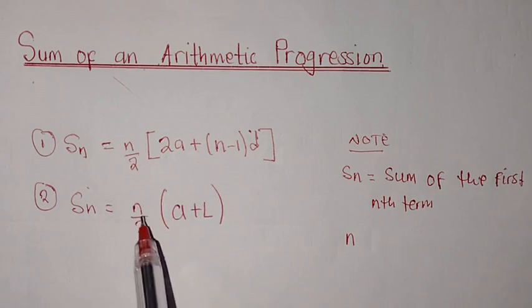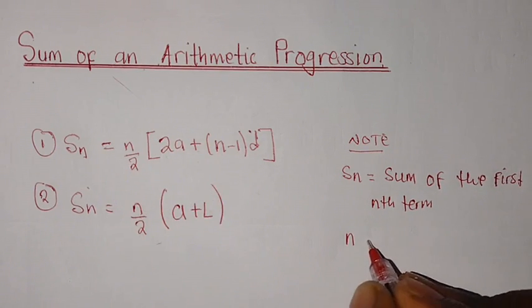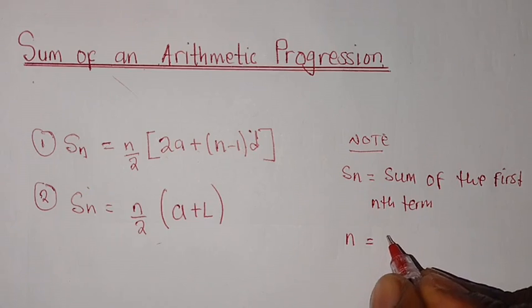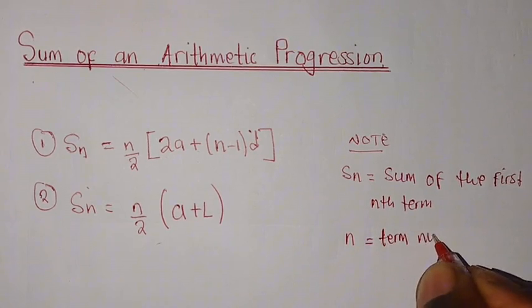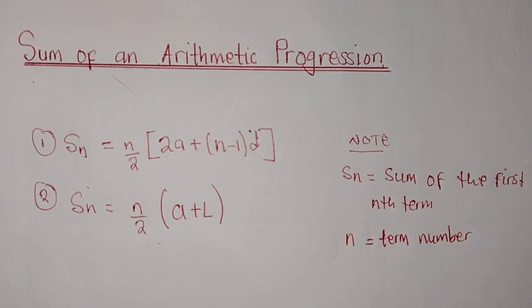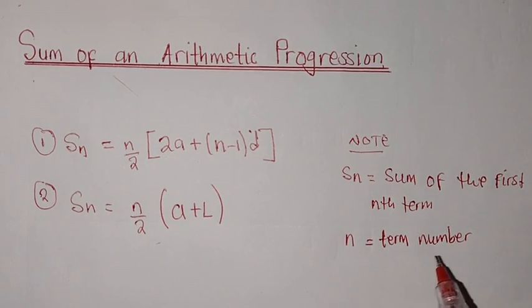Then this n right here, which you are seeing in the formula, means term number, or the position of the term.